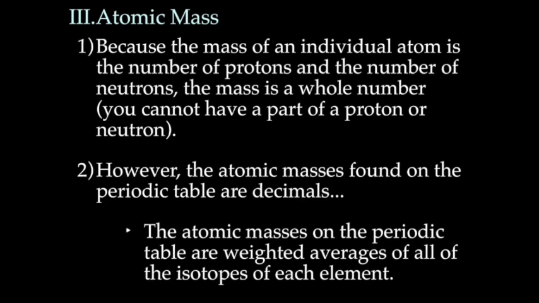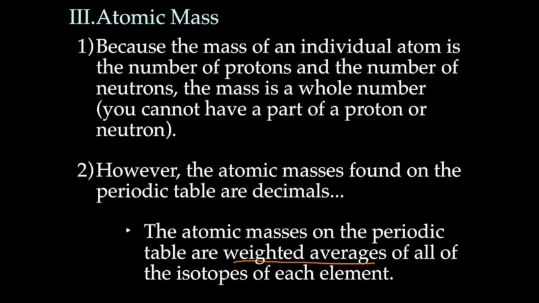It's just not possible. However, as we noted the other day, the atomic masses on the periodic table are mostly in decimals, which would suggest that there's part of a neutron, but that isn't true. The atomic masses on the periodic table are what we call weighted averages of all the isotopes of each element. So we were talking a moment ago about carbon.